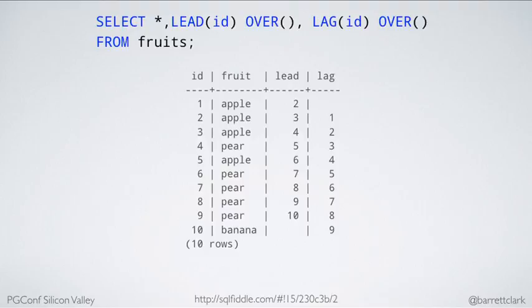As we step through the table, for the first record, ID 1, the next ID is 2. There is no previous ID, that's null. We keep going: second record, the lead ID is 3, previous ID is 1, all the way down to the last record where there is no next ID, so that's null, and the previous ID is 9. Lead and lag, next and previous.